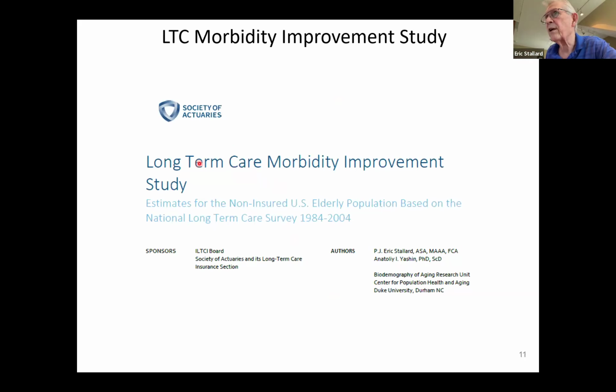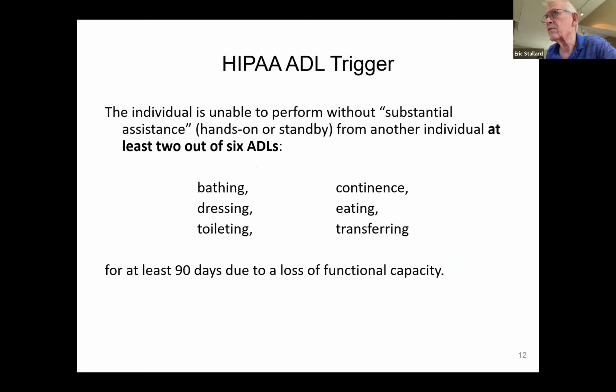Because it was the Society of Actuaries, they were particularly interested, and I was particularly interested in how high-level disability, and high-level disability is the level of disability that meets the HIPAA ADL trigger, or the cognitive impairment trigger. And there's 6 ADLs that are very well known. I can answer questions if anybody wants to follow up on details of those, but that's the HIPAA trigger.